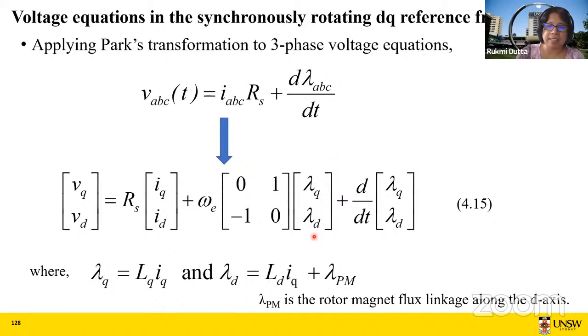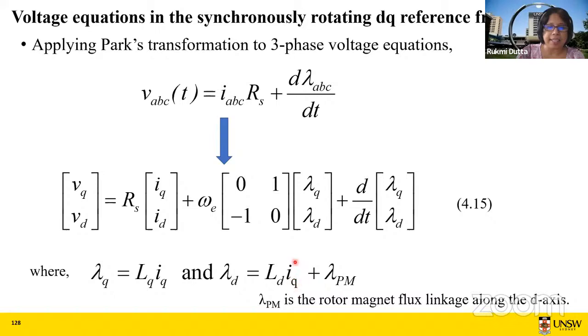times the D and Q axis flux linkage, and d/dt of the two flux linkages, lambda d and lambda q. This has now become lambda d and lambda q, but with the matrix manipulation we have this additional term as well. Okay. And those two flux linkages, the D flux linkage and Q flux linkage, are in fact the Q axis inductance times IQ, and the D axis inductance times ID.